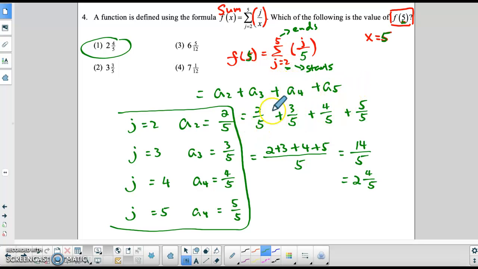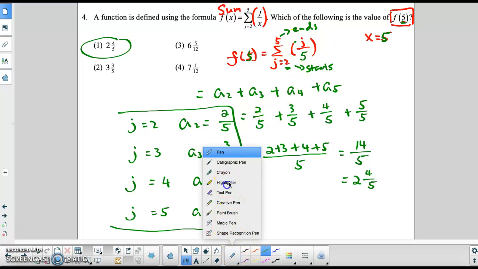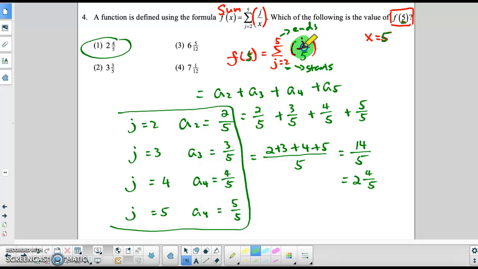How do I find a2? This is the formula here, the highlighted one. It's telling you j equals 2. Let's make a list. When j equals 2, you replace j with 2. When j equals 3, you replace j with 3, so a3 is going to be 3 over pi.